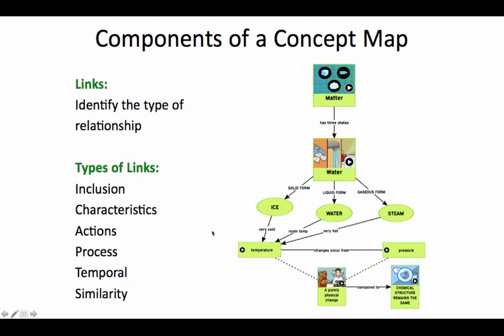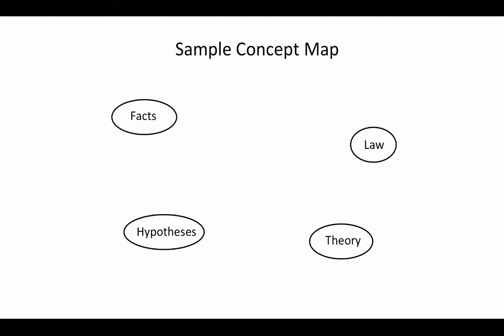Let's take a look at how we would build a concept map like this. We're going to use as an example the very familiar ideas from any science classes that you may have taken, the relationship between facts, hypotheses, theories, and laws. So we've got these big ideas in bubbles separated from each other. Now we're going to start to think about how they're related to each other.